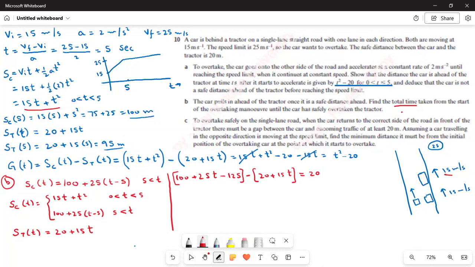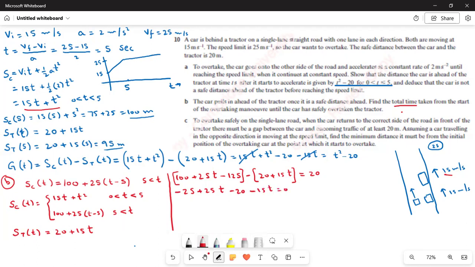So if I solve this equation, I can find the value of t from here. Makes sense? Okay, so if I open this, it is 100 plus 25t. 100 minus 125 is minus 25, plus 25t minus 20 and minus 15t equals 0.